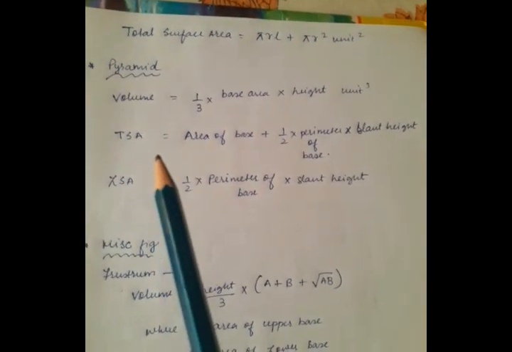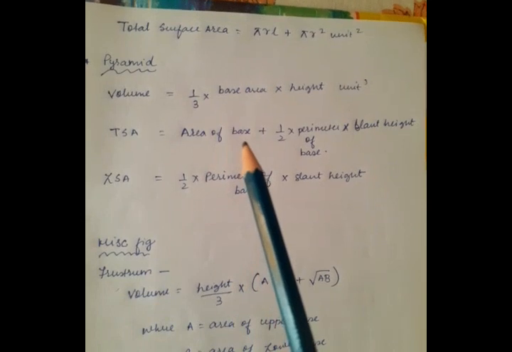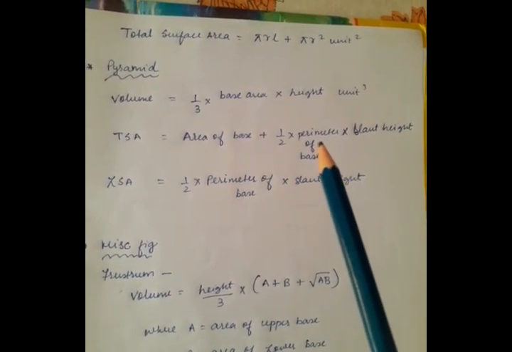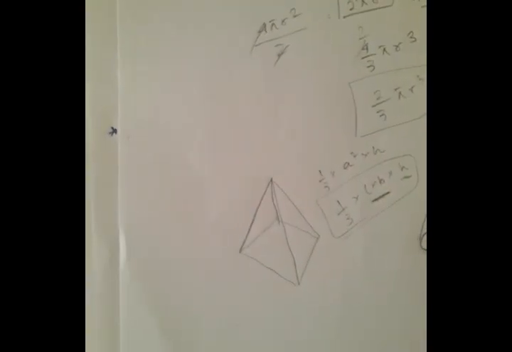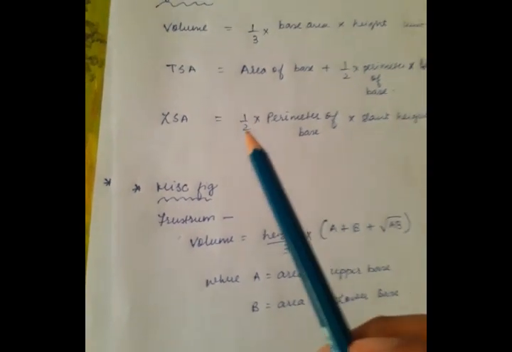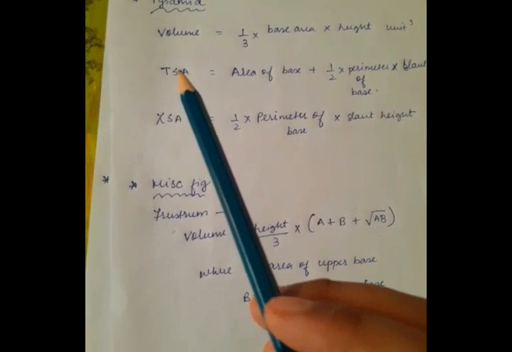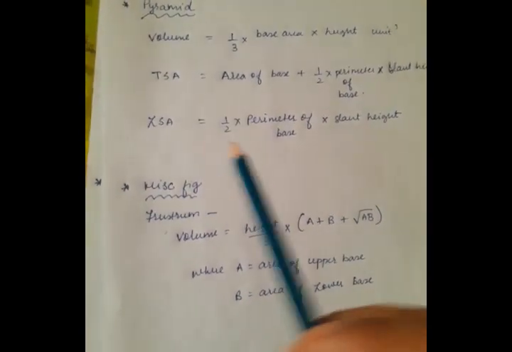What is the total surface area? That is the area of the base, and half into the perimeter into slant height of the base. The slant height has the same formula as we find in the cone. And for the lateral surface area, actually I have to write this one here and this one here; I wrote in quite a hurry.